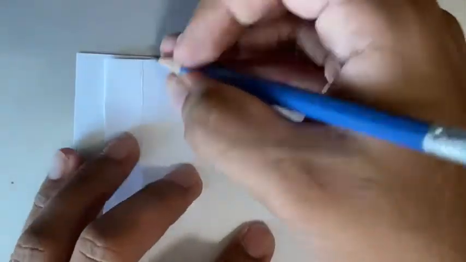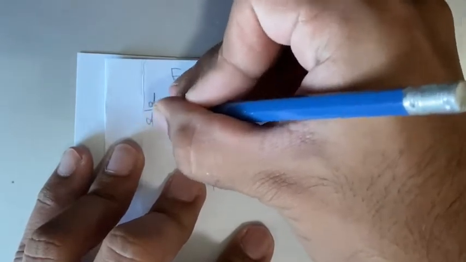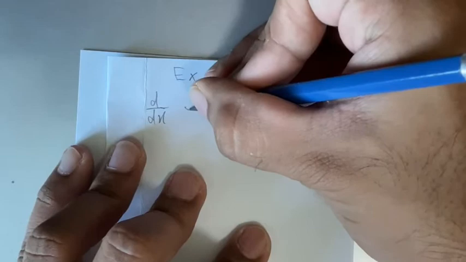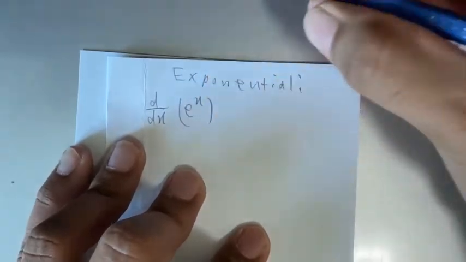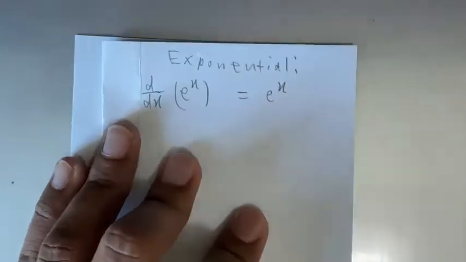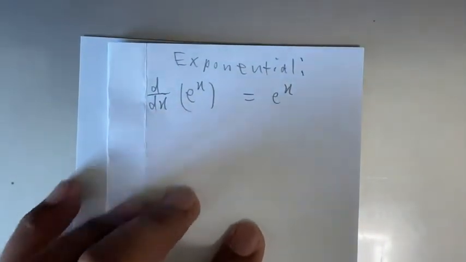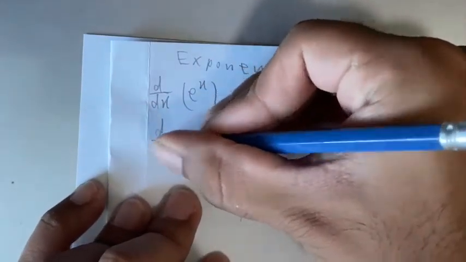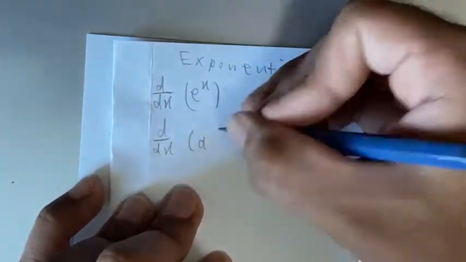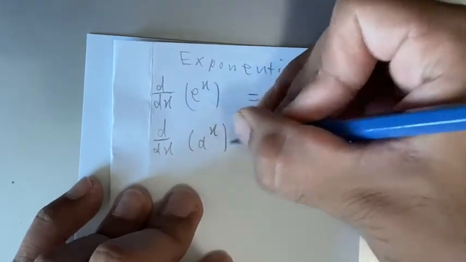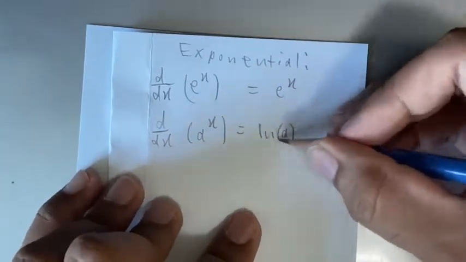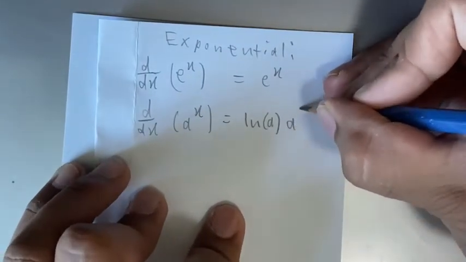So if we have d by dx of e to the power of x, then surprisingly, that's still equal to e to the power of x. And if you have d by dx of some random number a to the power of x, then that becomes ln a times a to the power of x.